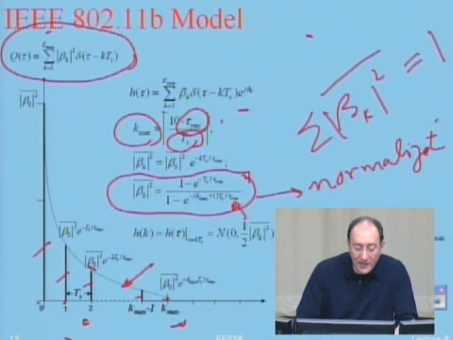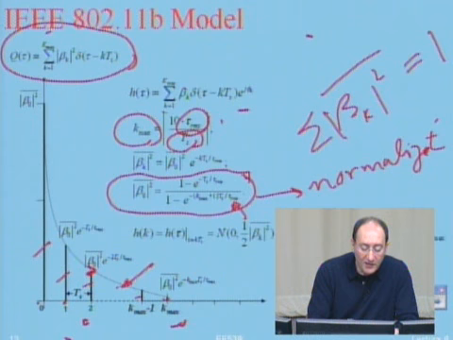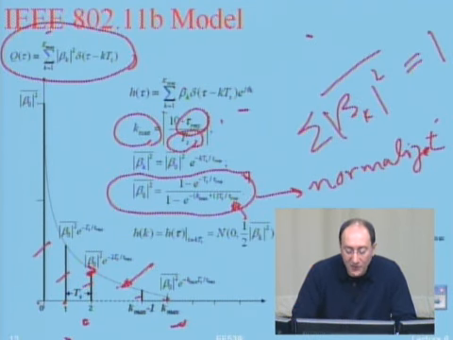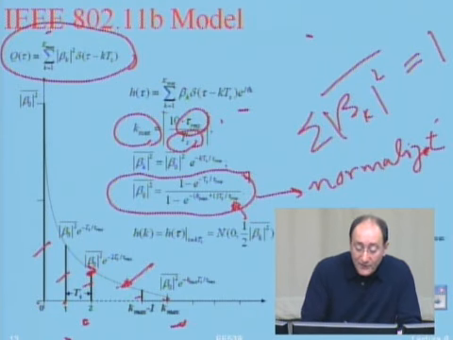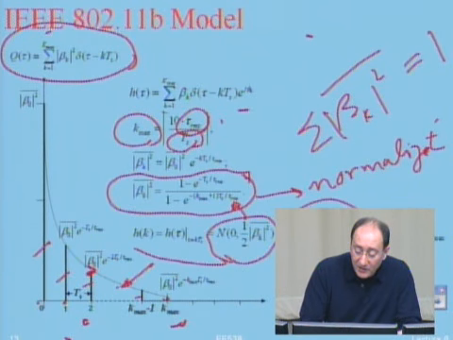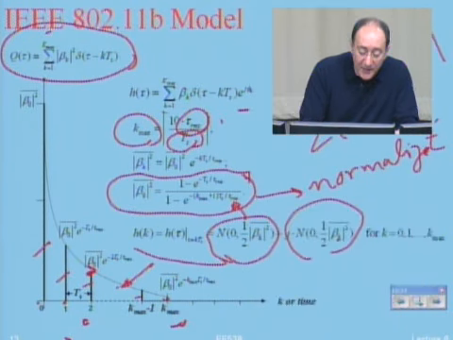Now, there is another thing. If you want to simulate these things, how do you simulate these guys really? You remember that for simulation, you wanted these guys to have a certain, filtered shape. Then, for each path, you have a complex Gaussian random variable with the variance of that path.